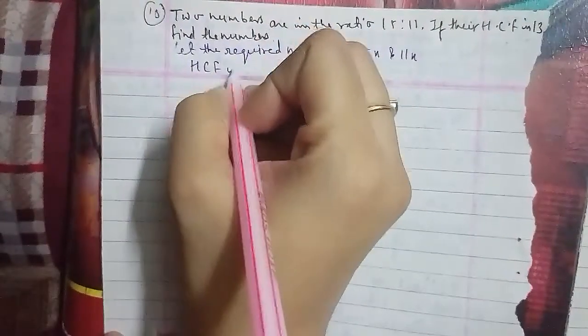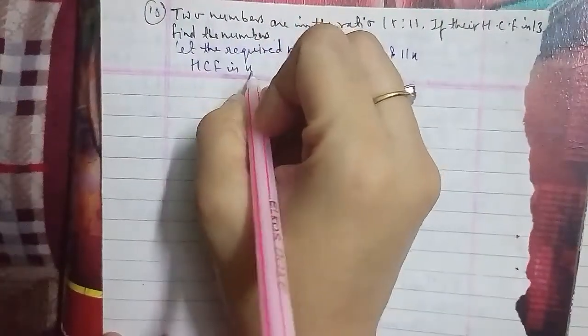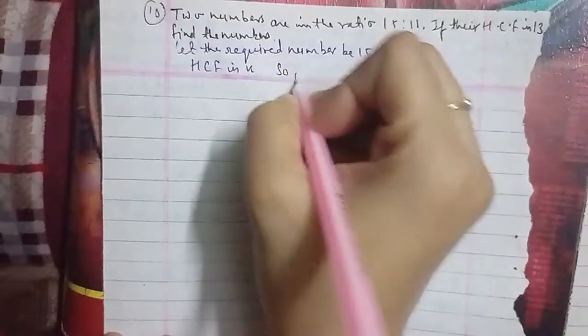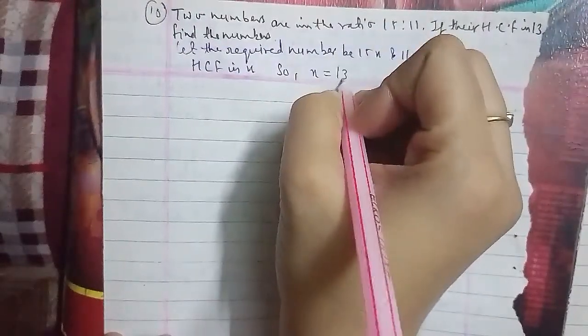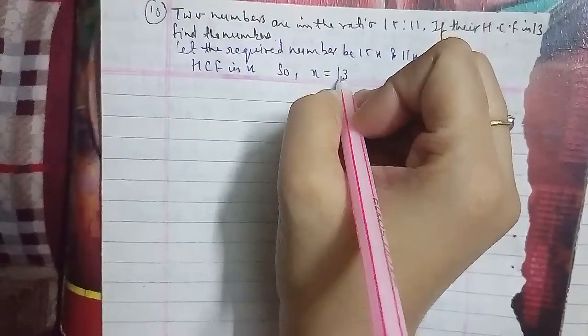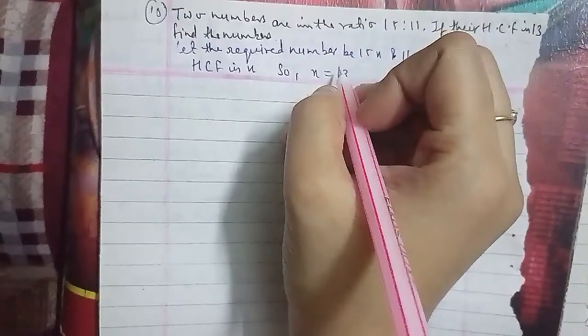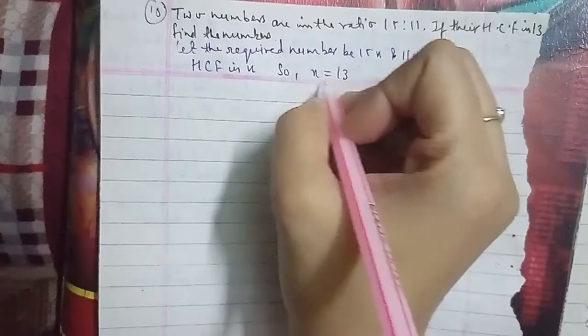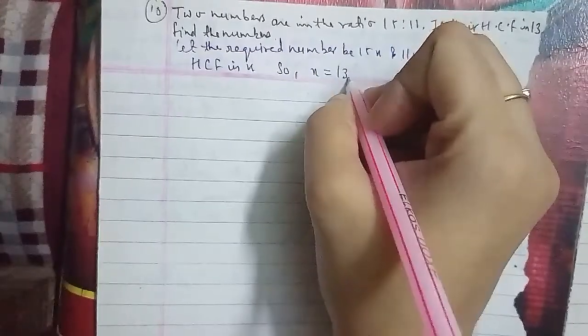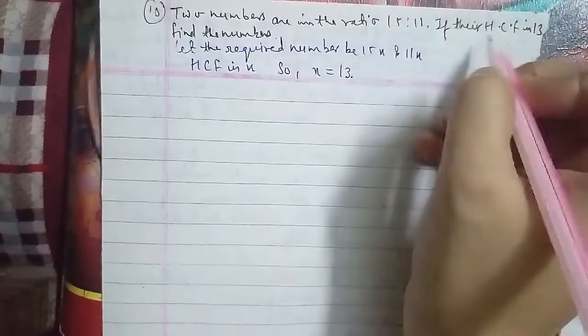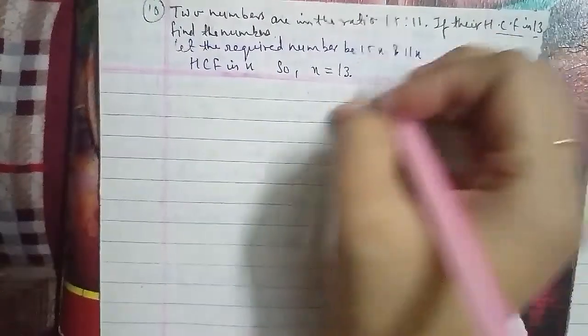So we can say that x equals 13, and you will multiply 15 into 13 and of course 11 into 13, because they had given you that the SCF is 13.